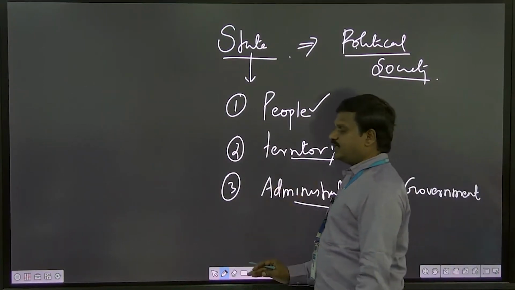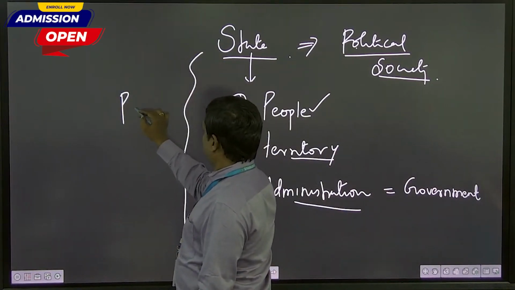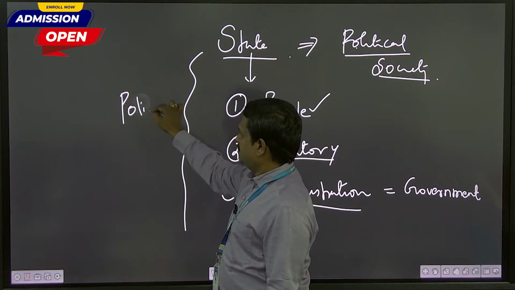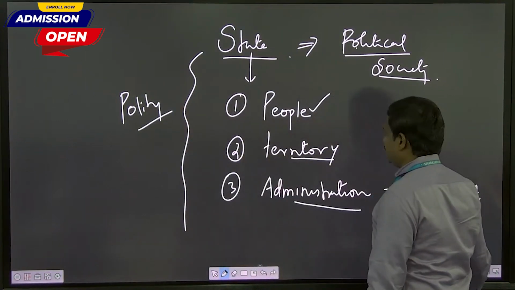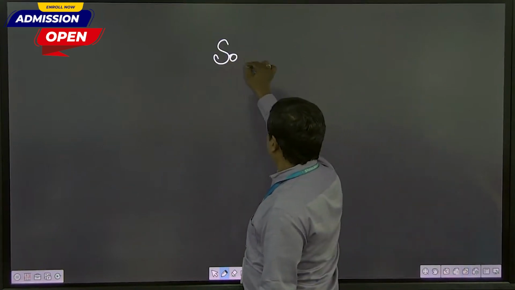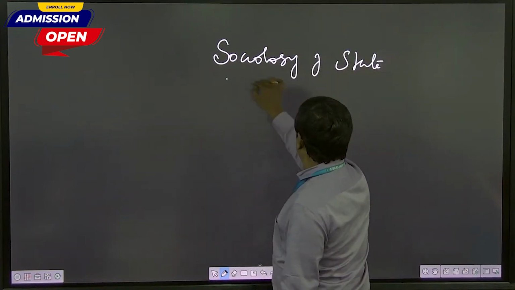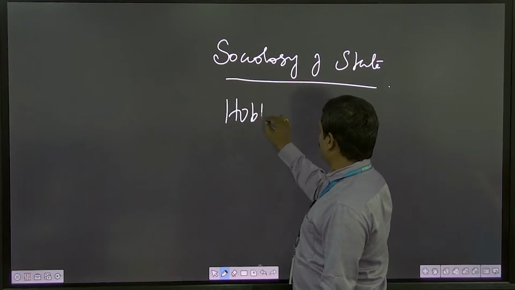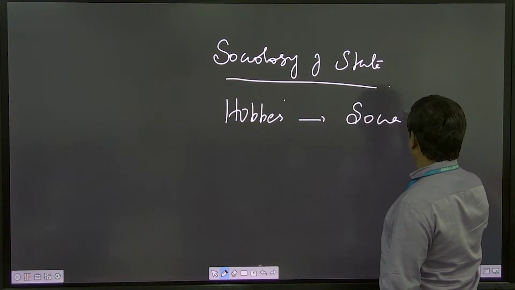The concept of state we have discussed is from the point of view of polity. Then what is sociology of state? To understand this, you should understand Thomas Hobbes' concept of social contract theory.